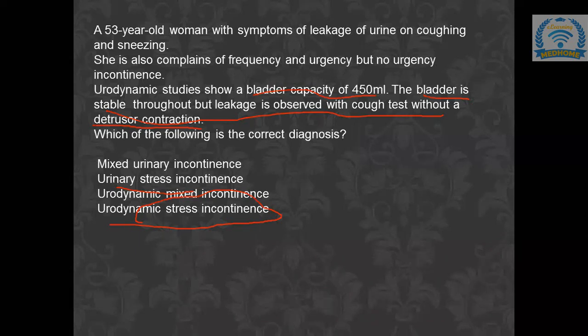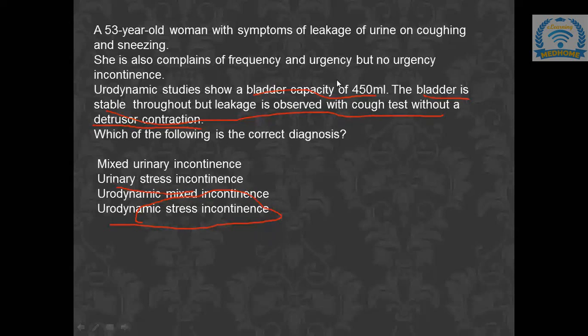Okay. Can I add one more point? Yes, sure, please. Someone was asking what happens to the voiding phase in urodynamic stress incontinence or detrusor overactivity. There are two parts in the graph: the filling phase and the voiding phase.